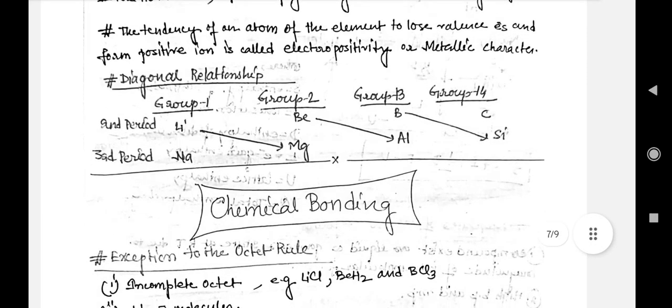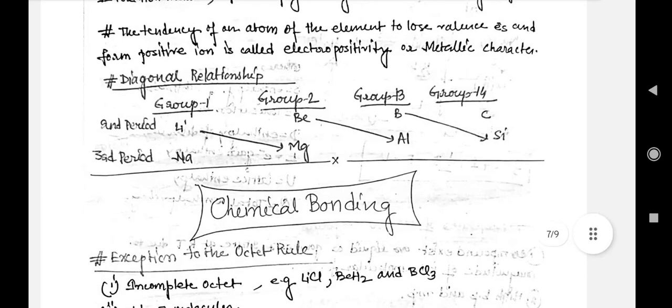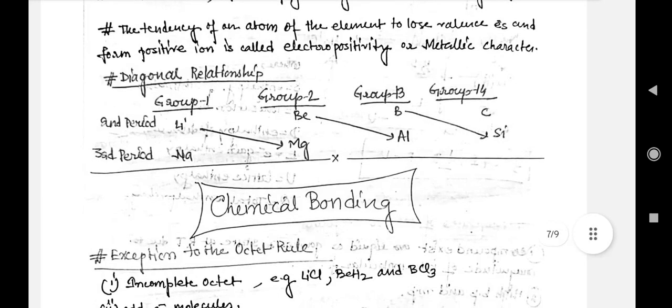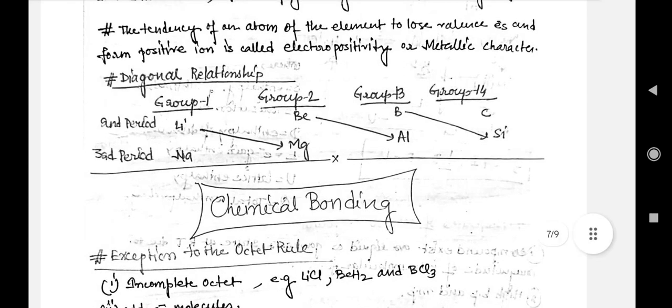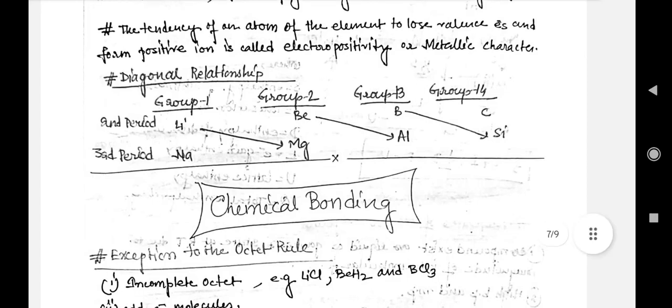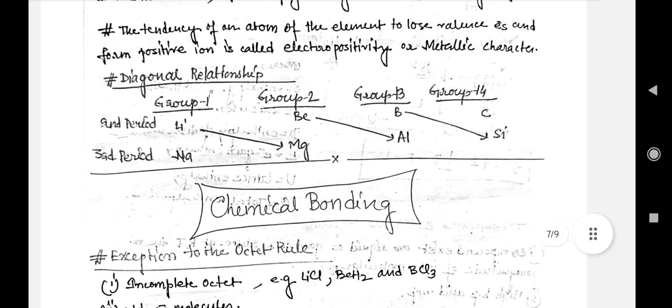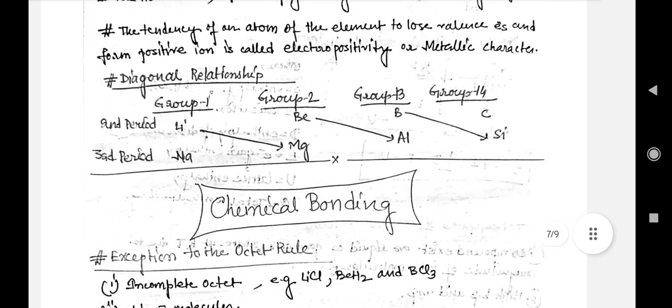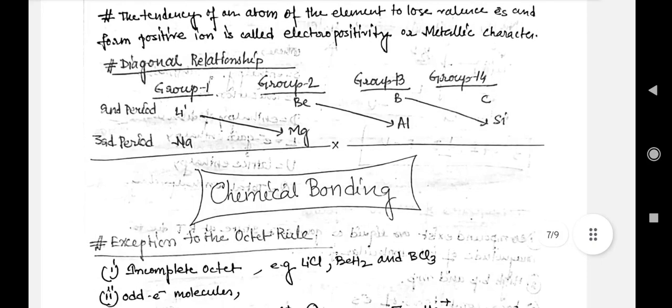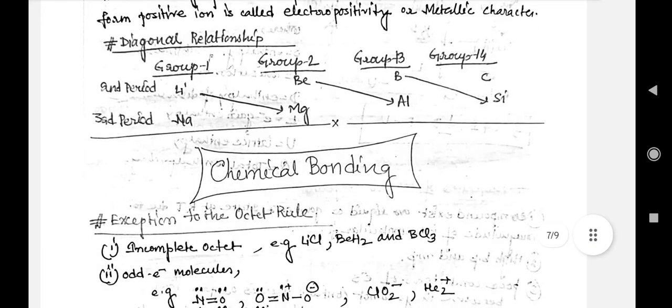So if we consider the change from top to bottom and left to right, diagonally spaced elements ultimately have no overall change. So two diagonally spaced atoms have almost similar properties. But there is some limitation in the diagonal relationship, because after the third period the diagonal relationship vanishes or is not seen. For this concept, consider only the second period and third period.